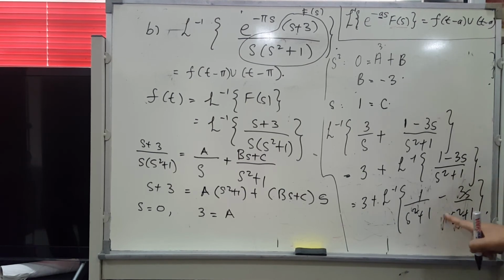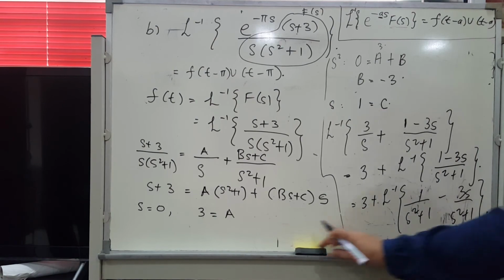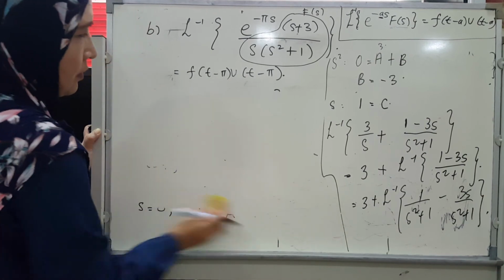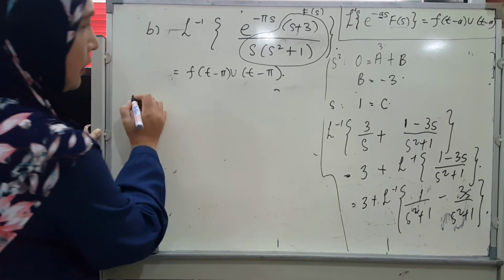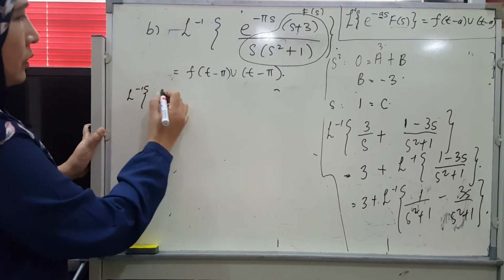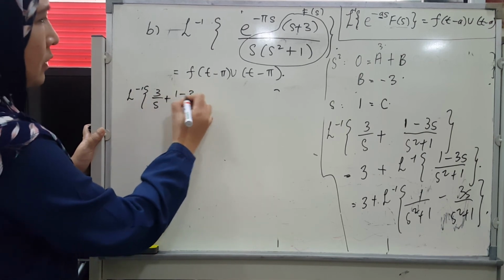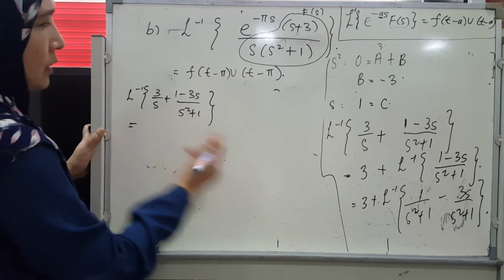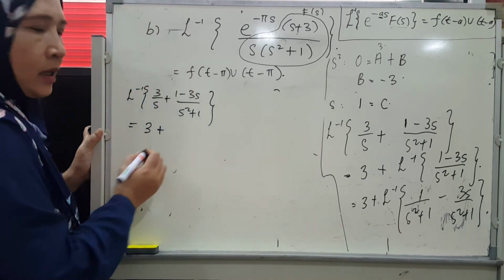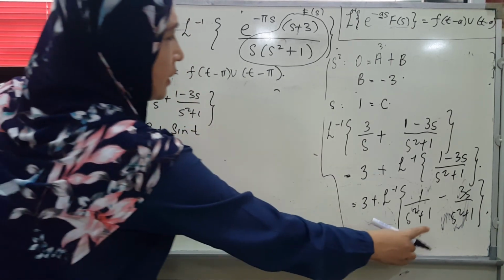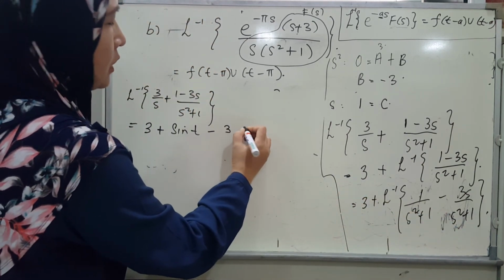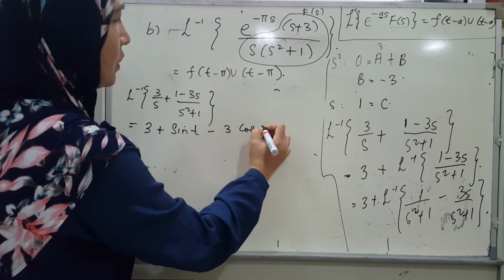Okay? Did you see this? Sorry about this. Okay, so now our function is 3 plus the inverse of 1 over s squared plus 1, which is sine t, and for this one it is minus 3 cos t, because the coefficient of s is 1, so cos t.